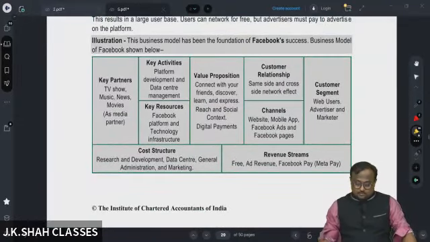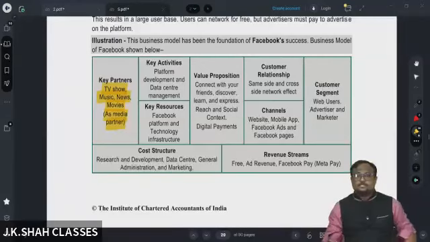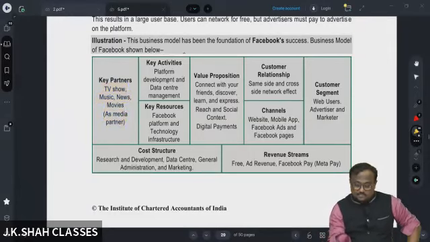So basically people are interested in free things. Now, how does it work? First of all, these are your partners. These are your areas where you can actually use them. Then you have key activities, platform and development, data center management.